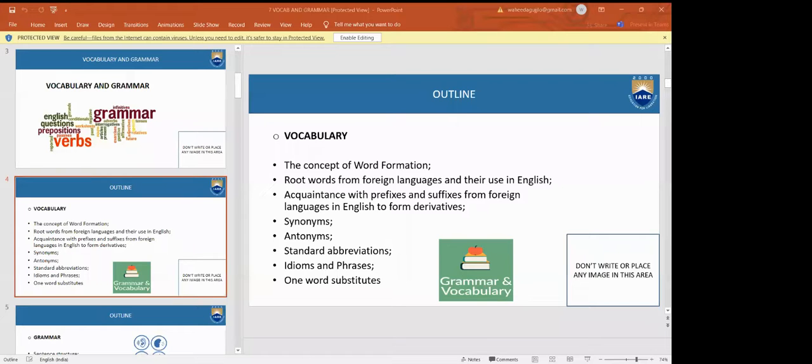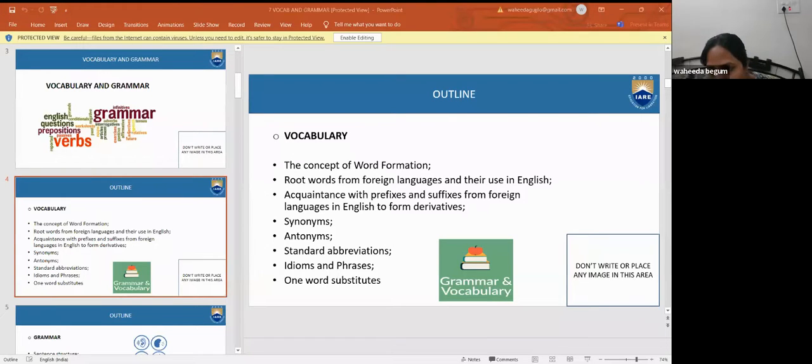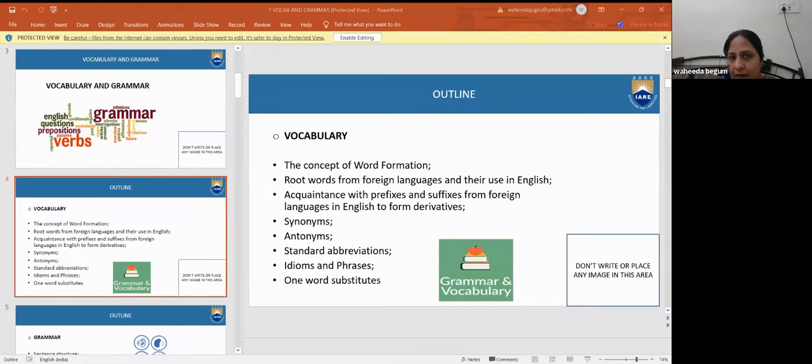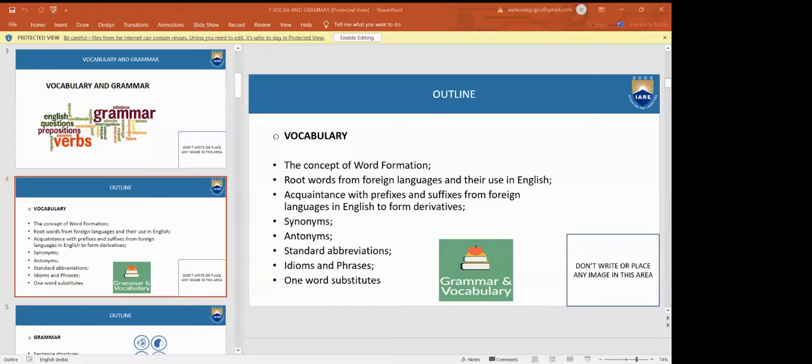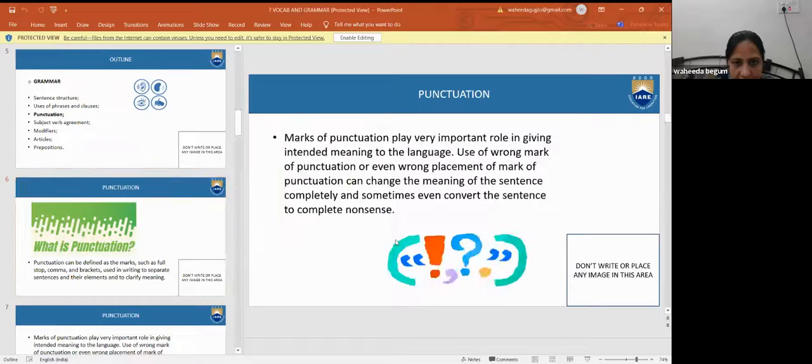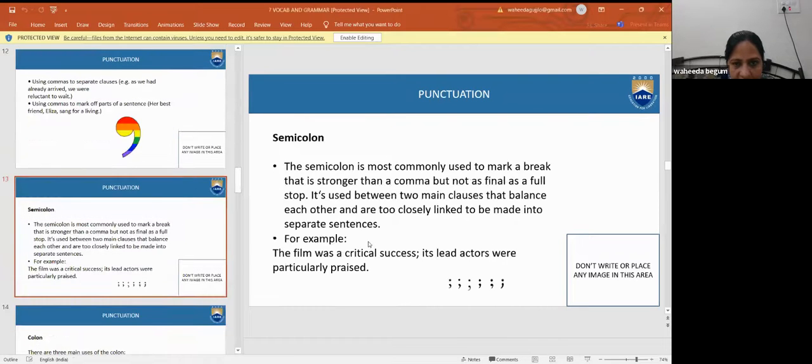Amphitheater. Excuse me, ma'am. Yeah, what? Ma'am, your slide is not the same as you're seeing now. Not visible. Yes, ma'am. It is not the same, ma'am. Okay. Now that grammar punctuation slide has come here.